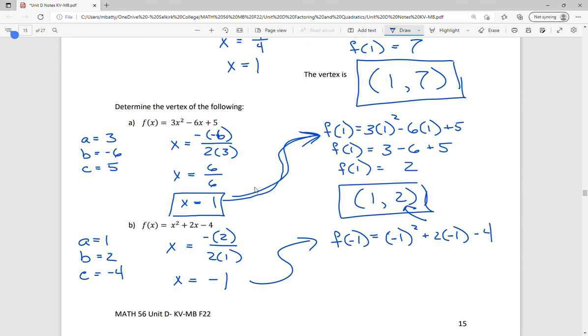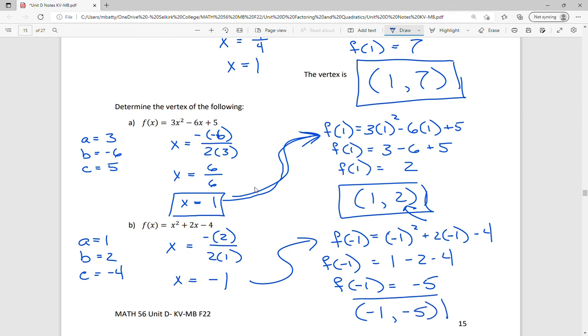Watch your signs in this one. Easy to go wrong in them. f at -1 is actually equal to -5. And so again, writing this as an ordered pair, because that's where you would find the vertex of this parabola.